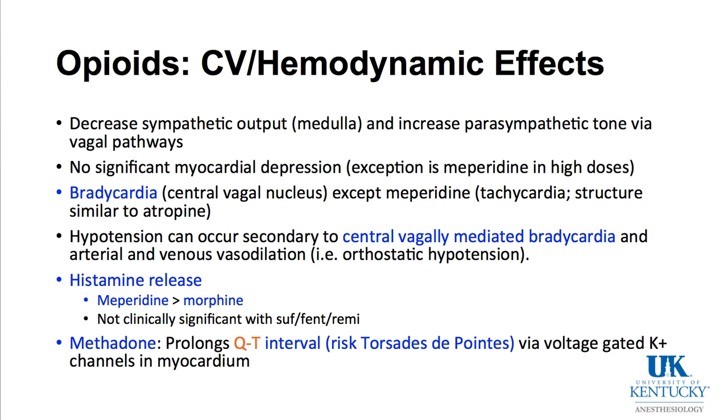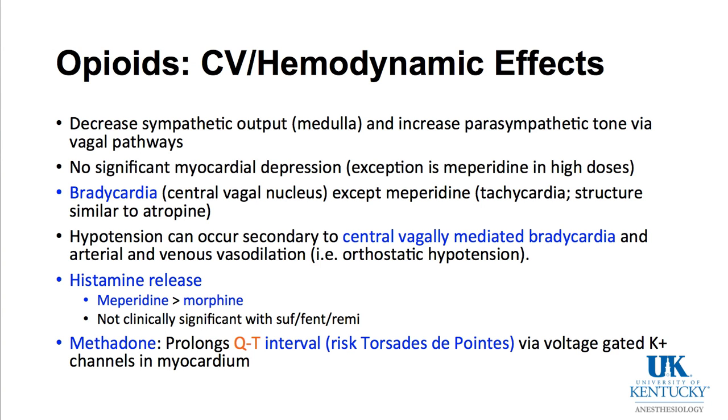Hypotension can occur after administration of opioids, and that can be due to central vagally mediated bradycardia as well as arterial and venous vasodilation. A patient given morphine, for example, who stands up rapidly can have orthostasis.